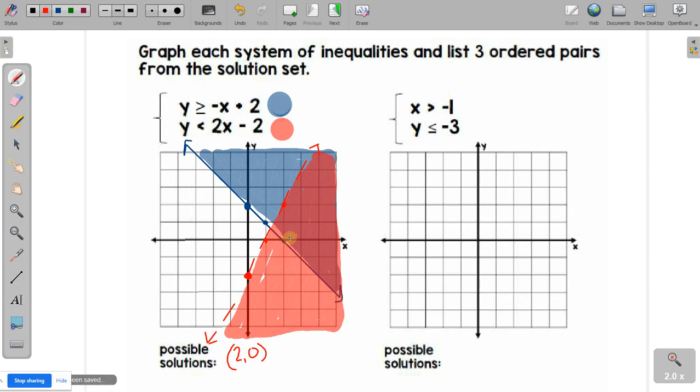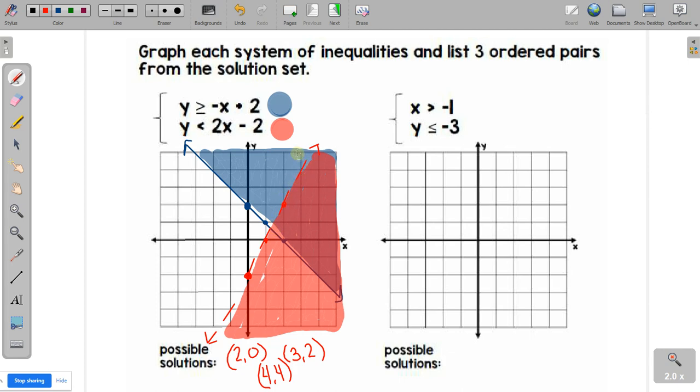Another possible solution is right here at 3, 2. And then 4, 4. If we look on this line here, we have a dashed line, so none of the points on this line here is going to be a solution.